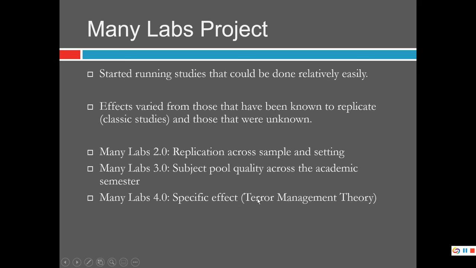Terror management theory, just as an aside, is the idea that human beings are a unique species in the sense that we are aware of the inevitability of our own deaths, and that is something that brings about terror. And we have various ways of grappling with that realization that we're going to die eventually.